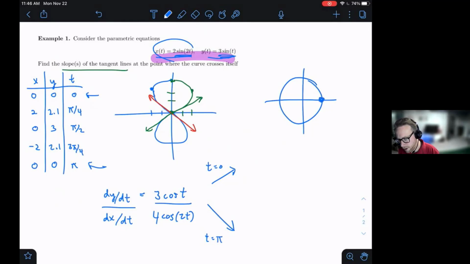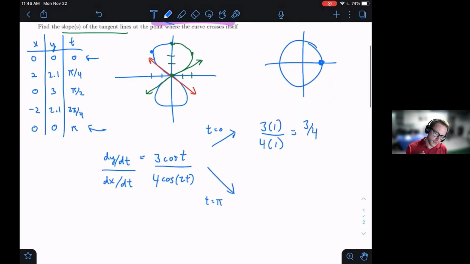And if I have an angle of 0 degrees or 0 radians here, I'm all the way to the right, that measure of 1 there. And so we have 3 times 1. Okay, well, cosine of 2 times 0. 2 times 0 is still going to be 0. And so this is going to be 3/4, right? Because again, we're going to have another 1 there in the denominator. So again, 3/4 is going to be that slope there.